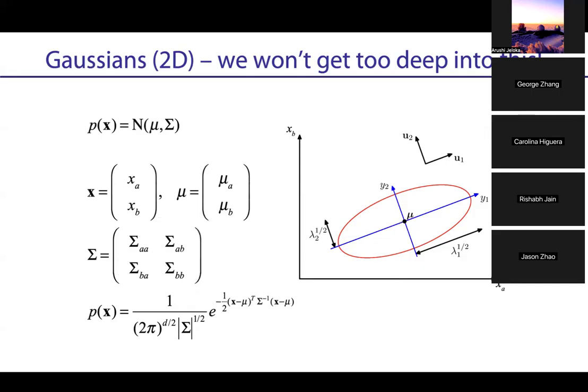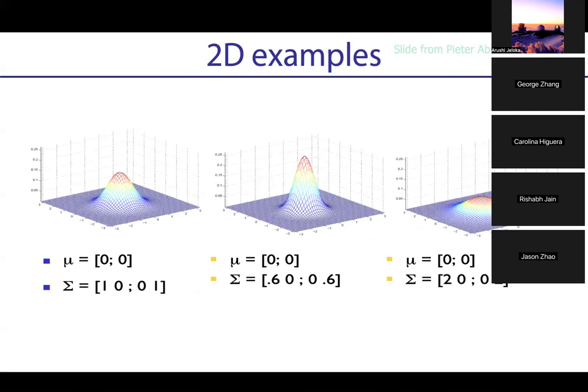So for some examples here, you often represent them like this. Think of this as an X and Y space at the bottom, and the height is denoting the probability. On the left, you have a simple 2D Gaussian, the unit Gaussian, which means that the mean is zero, zero, and the covariance is 1, 0, 0, 1. You can see that it's axis aligned, and it's equal dimensions on both.